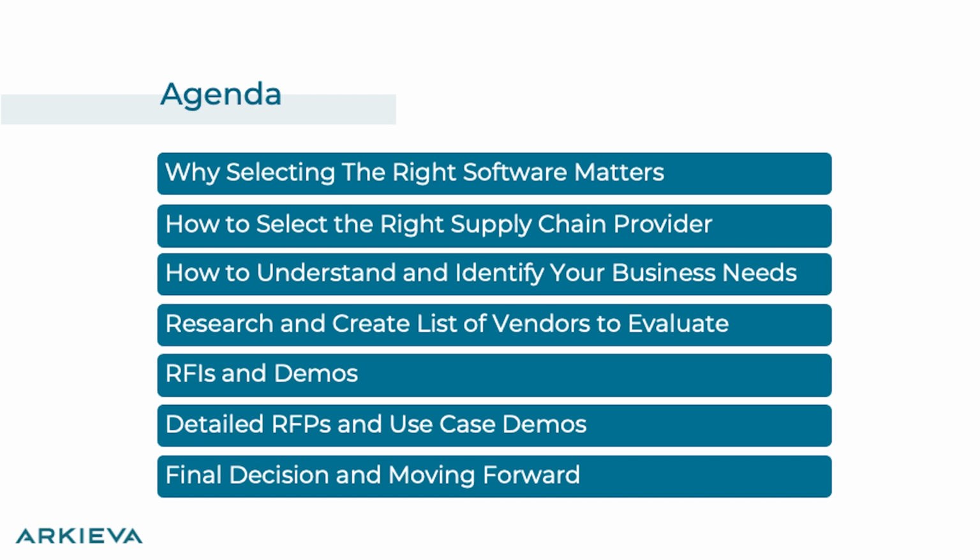So how do you do that? How do you research and create a list of vendors to evaluate? What kind of processes do you go through, whether it's an RFI, demo, RFPs, use case demos? And then, once you reach the final decision, what are the next steps that you need to think about? So we'll go through this.